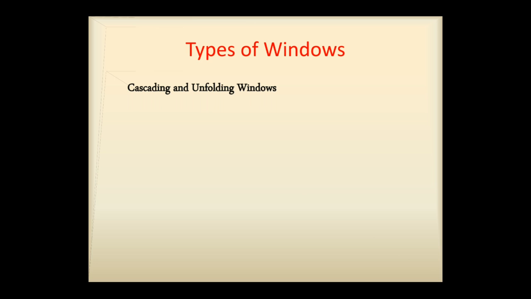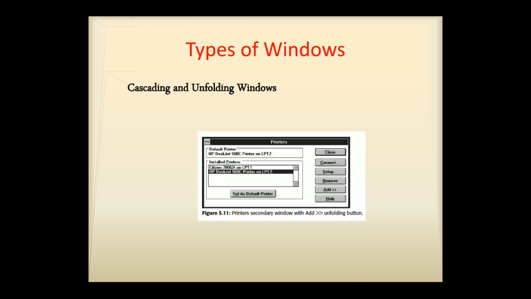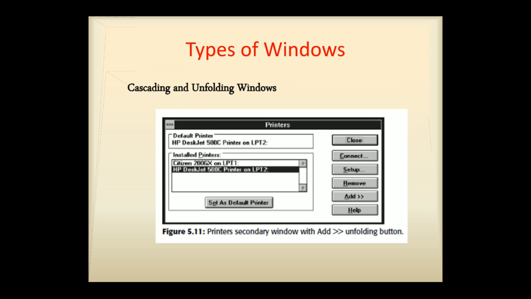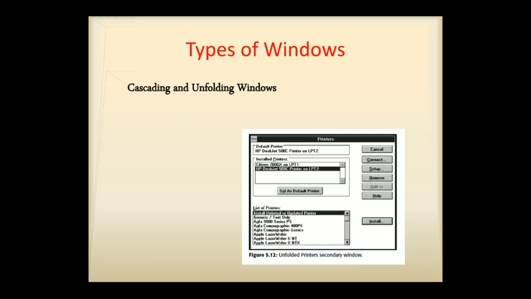And let's see an example here. So you have a window here. In this window you have a button called add followed by double arrows, right? It's a command button which is used to display the additional dialog box here, right? Therefore we sometimes call the unfolding windows expanding windows.